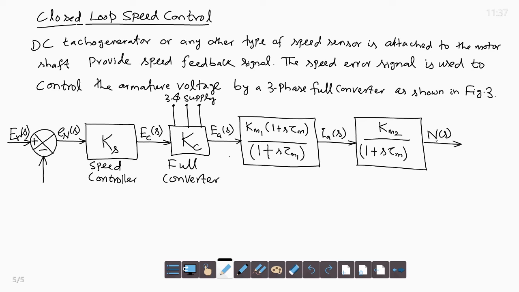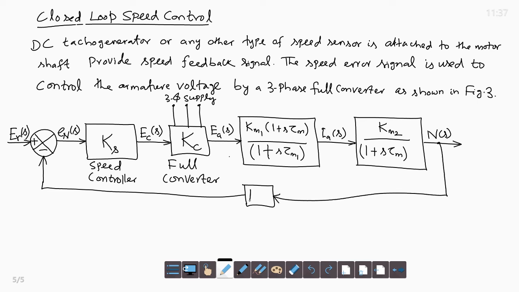This is the speed signal. The speed signal is taken as feedback from the sensor, and we have the transfer function KT(s), the tacho generator or speed sensor gain KT, and it gives the voltage speed signal. This is figure 3.